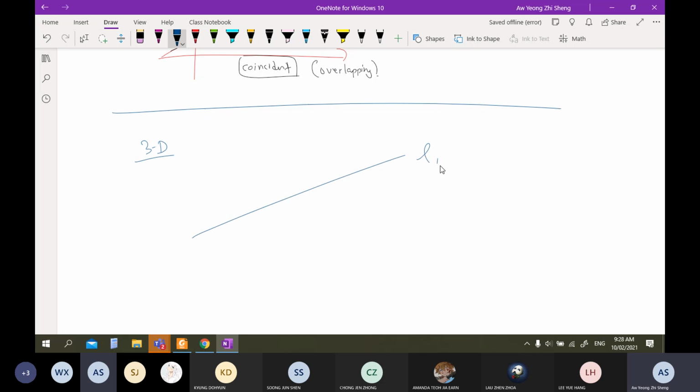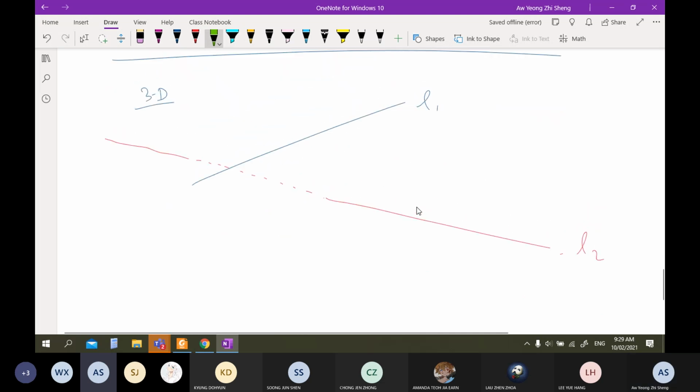So let's say my L1 is here. Then my L2 could be somewhere below here at a different height. So in 3D, it's possible for two lines to be not parallel and don't intersect. And in such a case, we call them skew lines.